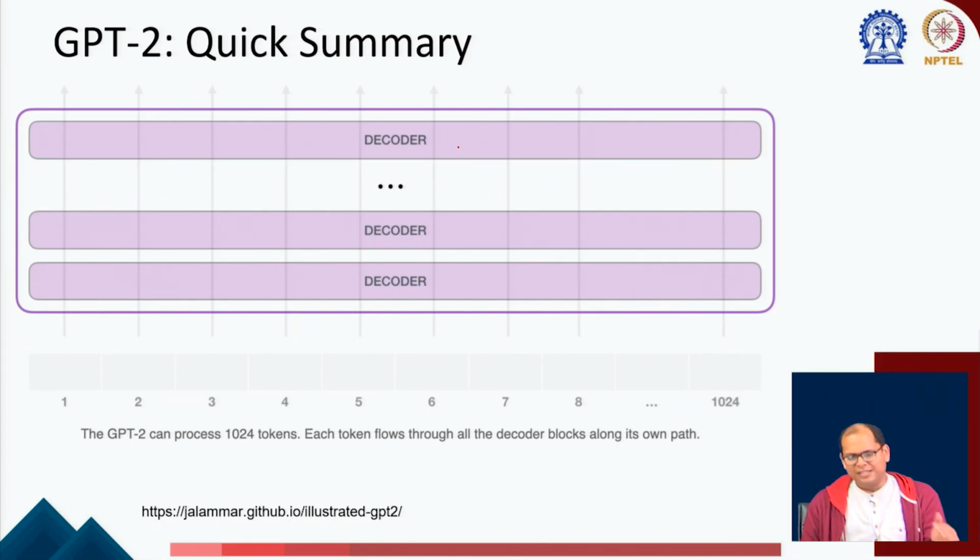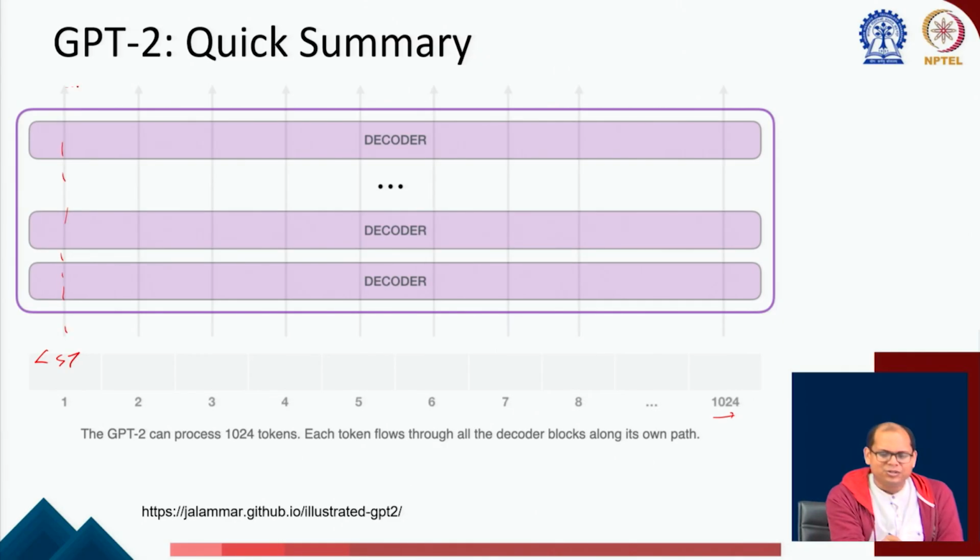And what it does, like GPT-2 could process 1024 tokens, and each token will flow through its own path in the decoder. You will start from the start token and keep on generating embeddings at various levels until you get the final embedding. If you are doing inference, you can select the word based on any decoding strategy like greedy decoding.